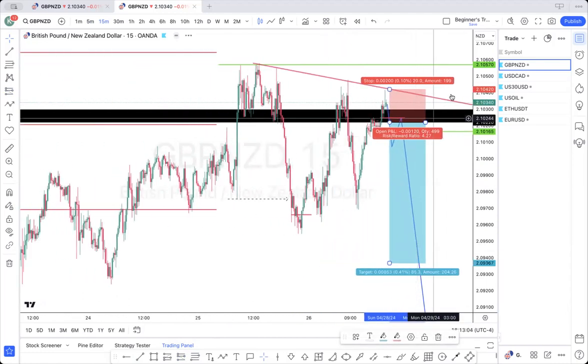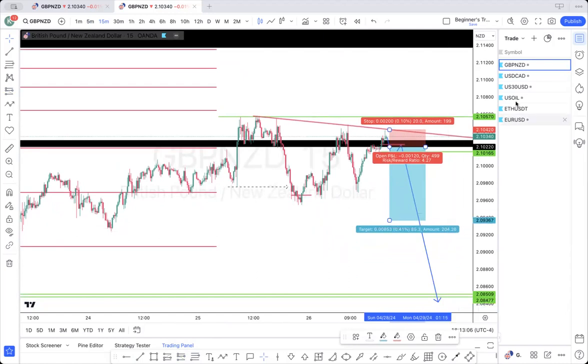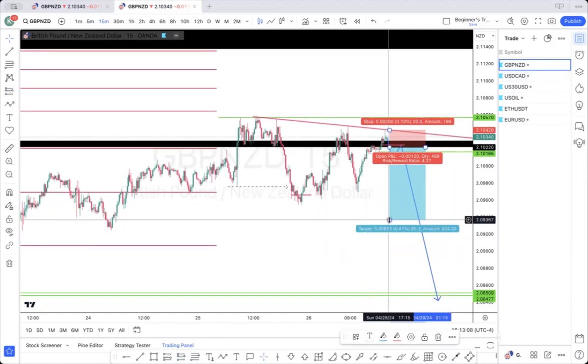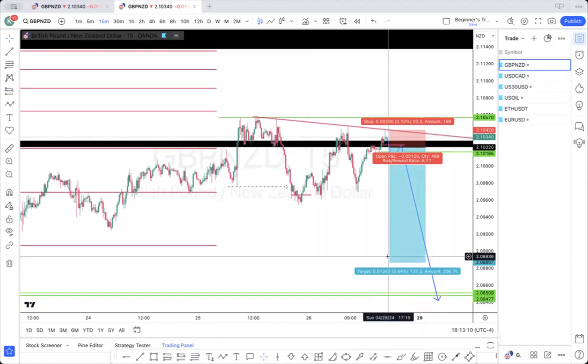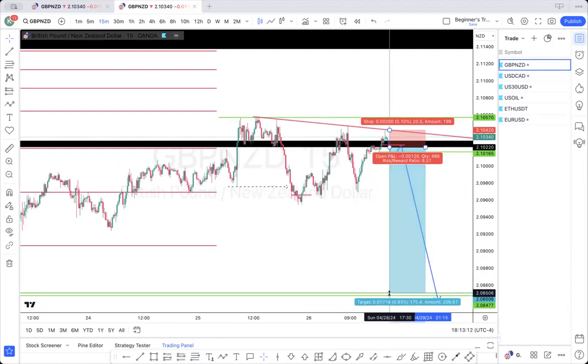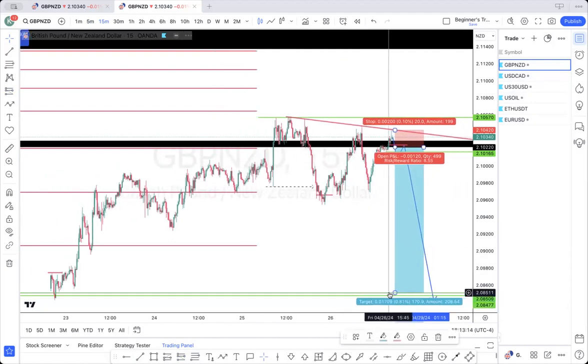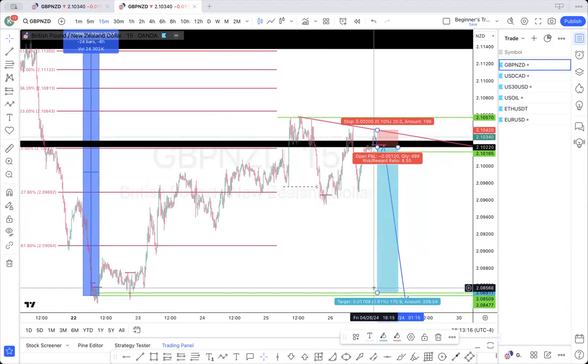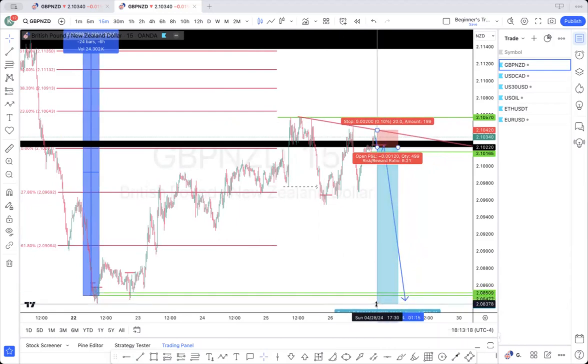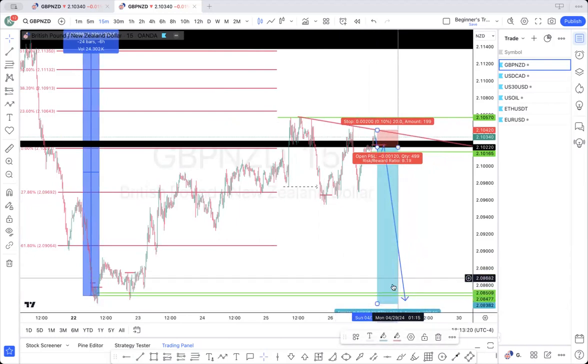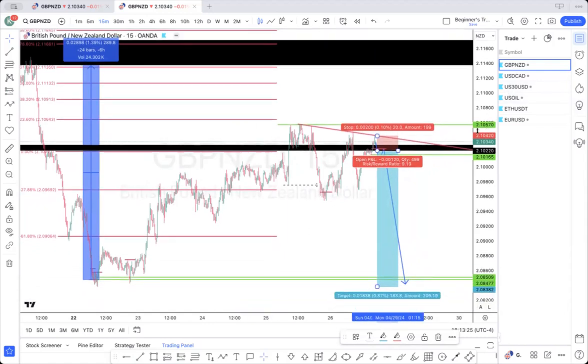Then I'm taking it down to, like I said, you can take it down to these lows here. That's 170 pips. Actually, I would take it to this low here. Okay. That's 183 pips with a 20 pip stop loss, which is a 9R trade.